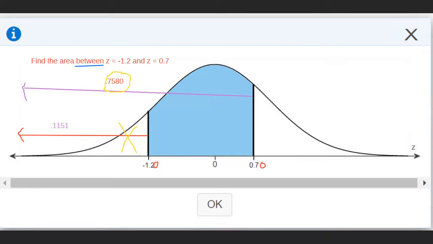And so I'm going to have to do a calculation on this. To find the area in between, I'm going to do the whole area from the z-score of 0.7, and I'm going to subtract off that area I don't want.